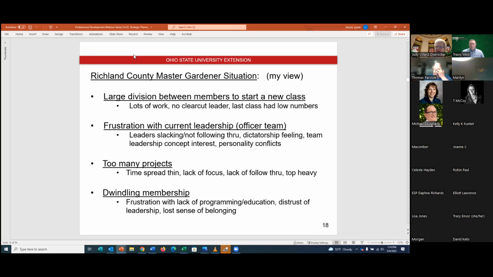There's a lot of work, but even the organization's officers really weren't working together. And so the last class we had somewhat lower numbers involved with it. And so just a lot of negative tones about starting a new class. And then there were others who said, hey, we've got to have new people. And so just a real division of the house.